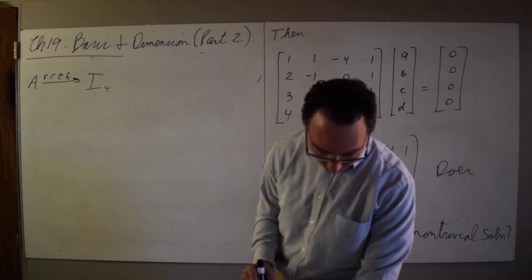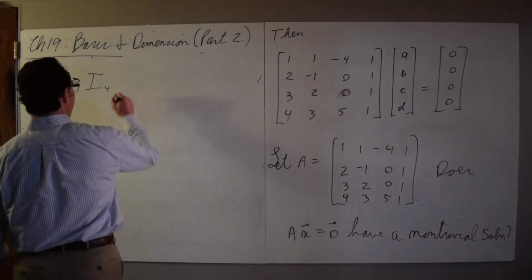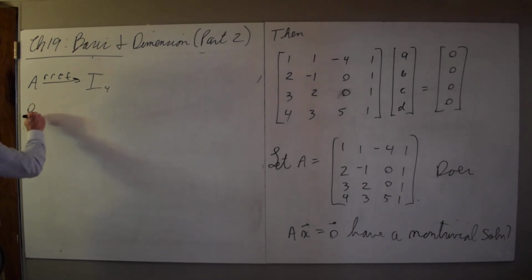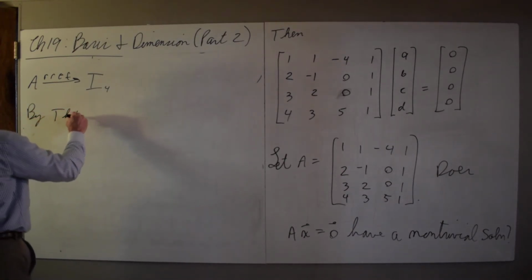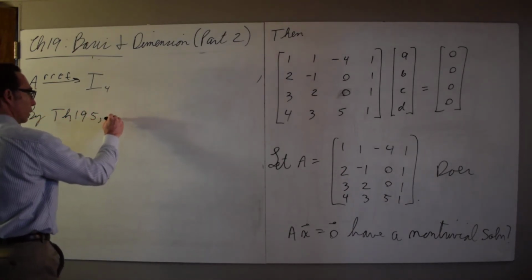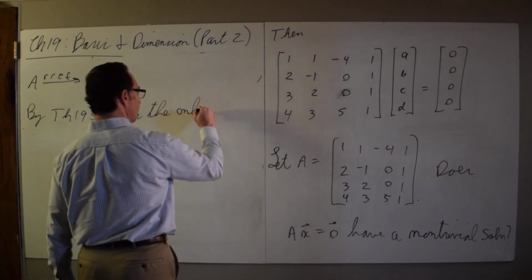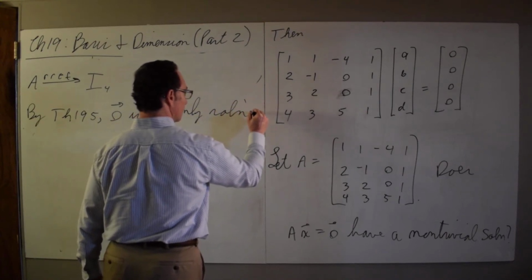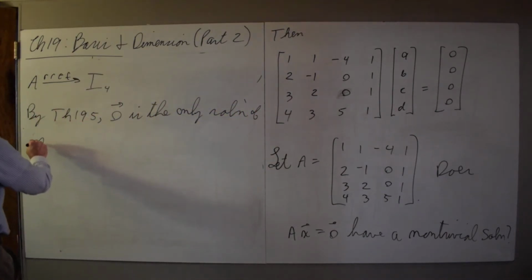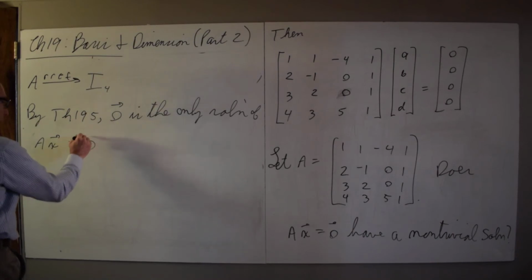By theorem 195, zero is the only solution of AX equal to 0.